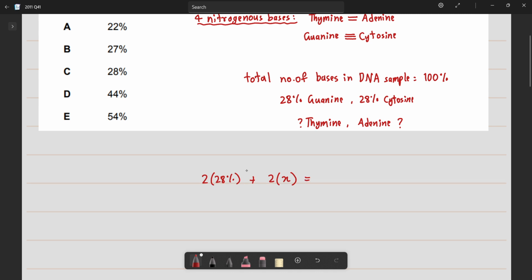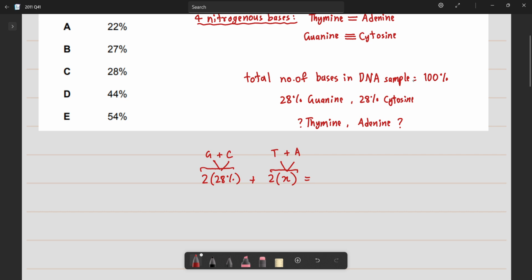So 2 times 28% is guanine plus cytosine, and 2 times X is thymine plus adenine.